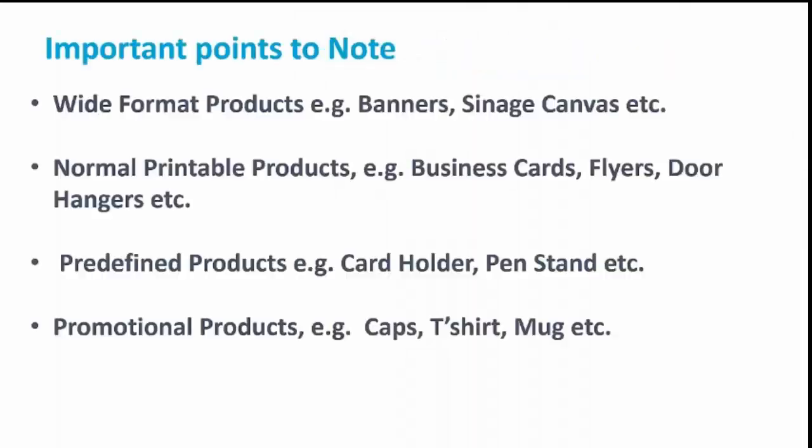A few points we need to note: you can create products such as wide format products, for example banners, signage, canvas, etc. The normal printable products that we can create are business cards, flyers, door hangers, brochures, etc. The predefined products can be created such as a card holder, pen stand, or pen, where you just have to take the text from the customer and it can be placed.